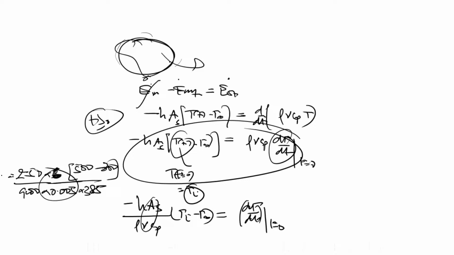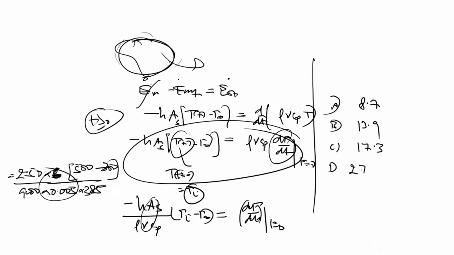The minus sign only indicates decrease, so you have to write only magnitude. It is clear. Tell me the answer. What are the options I am giving you? First is 8.7, B option 13.9, C option 17.3, and D option is 27.7. And answer in Kelvin per second or degree Celsius per second, both will be the same because they are differences. Difference will be the same in Celsius and Kelvin.